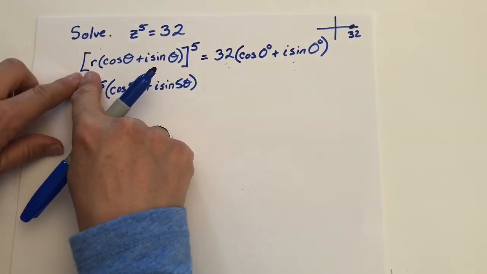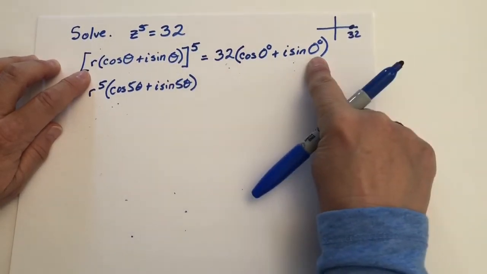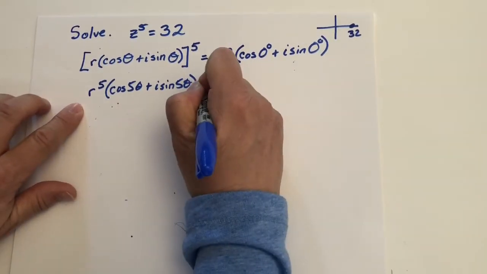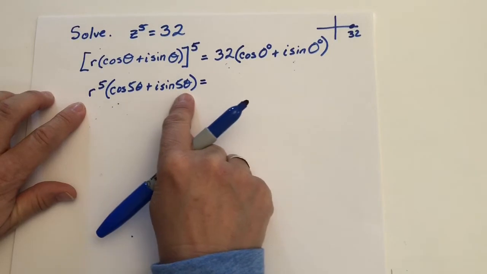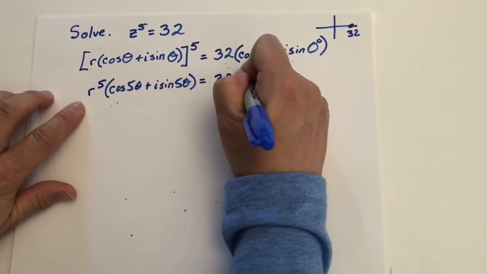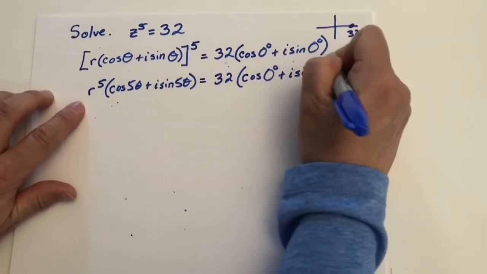So if we know that a complex number raised to the 5th power needs to equal this, de Moivre's theorem now applies, and we know that r to the 5th cosine 5 theta plus i sine 5 theta needs to equal 32 times the cosine of 0 degrees plus i sine 0 degrees.